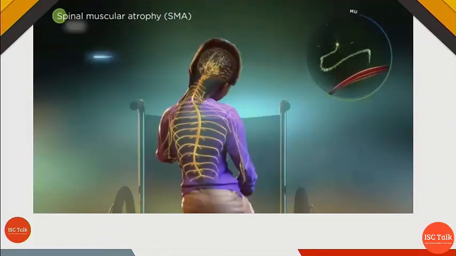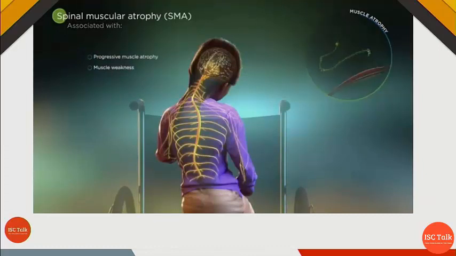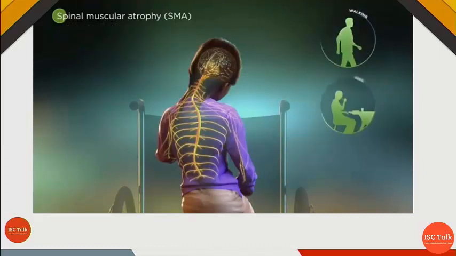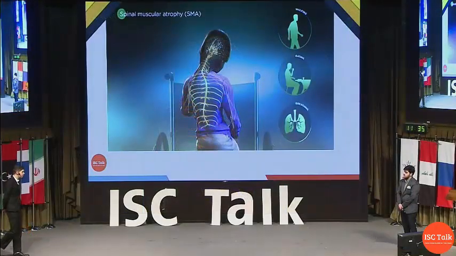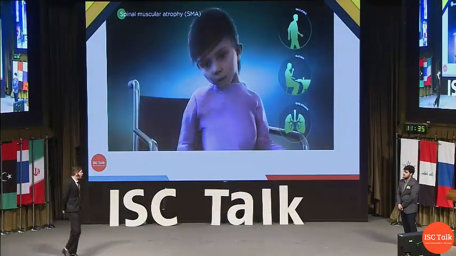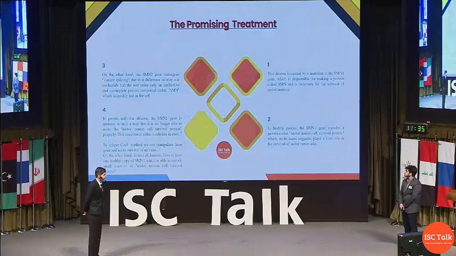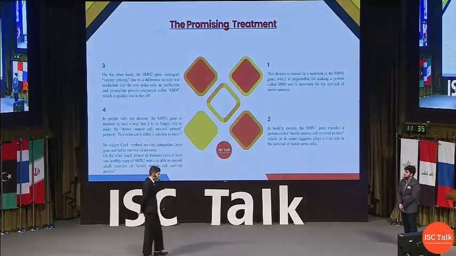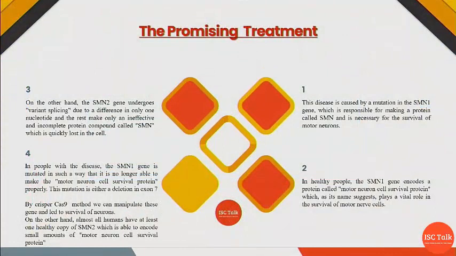Spinal muscular atrophy (SMA) is a neurodegenerative disorder. It is caused by a mutation in the SMN1 gene, which is responsible for making a protein called SMN, necessary for the survival of motor neurons.